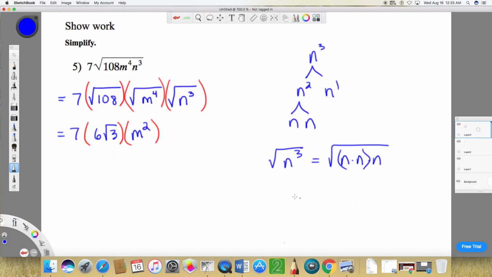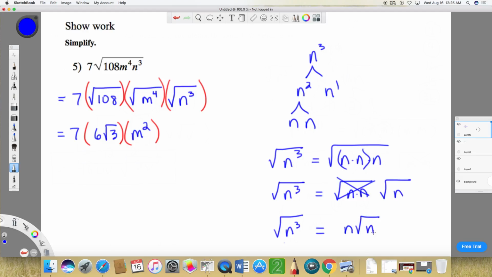And when you have a pair, for multiplication, we can break it apart. And it's convenient for us to not break it all the way down to square root n times square root n times square root n, but to break it down like this, where we have a pair. And there's your factor of n. And since this isn't a pair, it doesn't simplify.